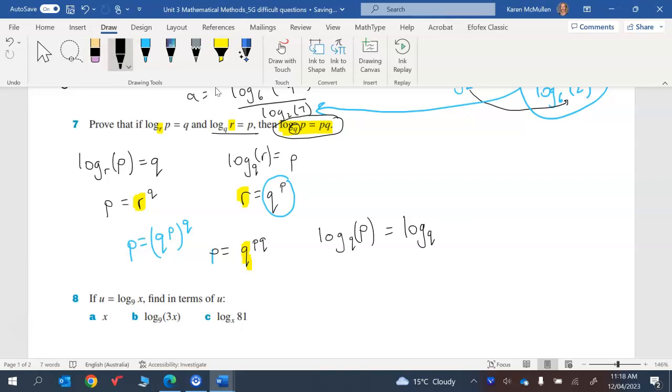So it's log base q of q to the power of pq. All right, so this, because your base and your argument are the same, they cancel each other out. So that is then just equal to pq as it asked in the question. So we've just proven it.